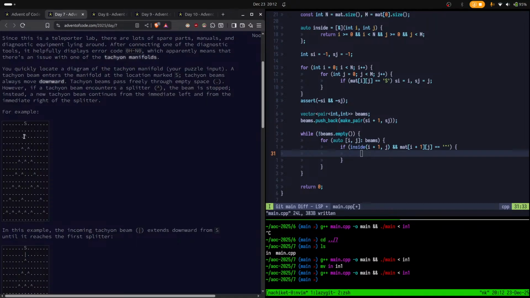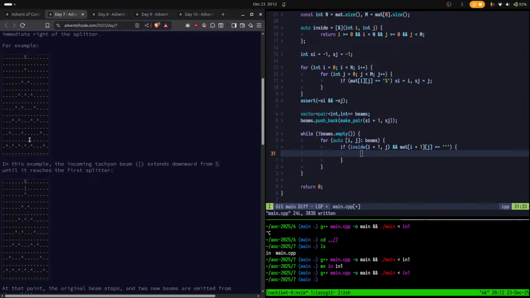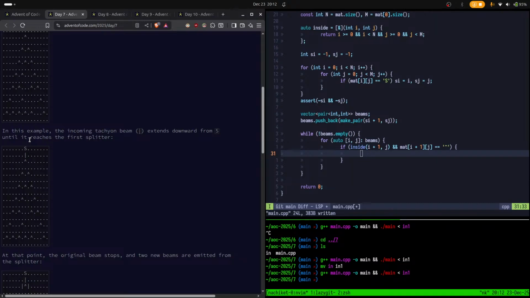If we are at a splitter, we start the new beams. It's the same thing, but this would be better because we are always checking for a splitter in the next row instead of the same one.